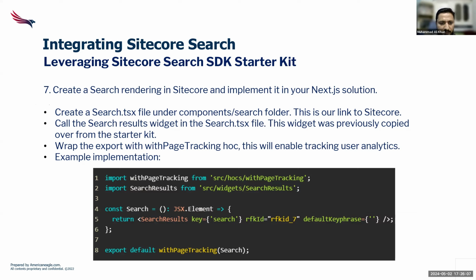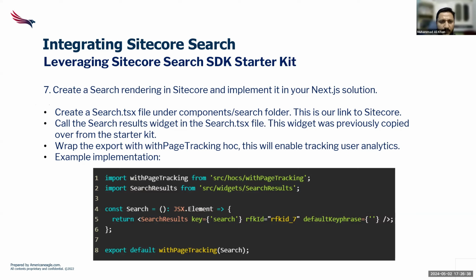In this screenshot, we are calling the search results widget, which is coming from the widgets folder, and we are just providing the default keyphrase and the widget ID, which is directly copied from the customer engagement console. And at line number 8, with page tracking, this is the higher order component, HOC, which enables the user analytics tracking.